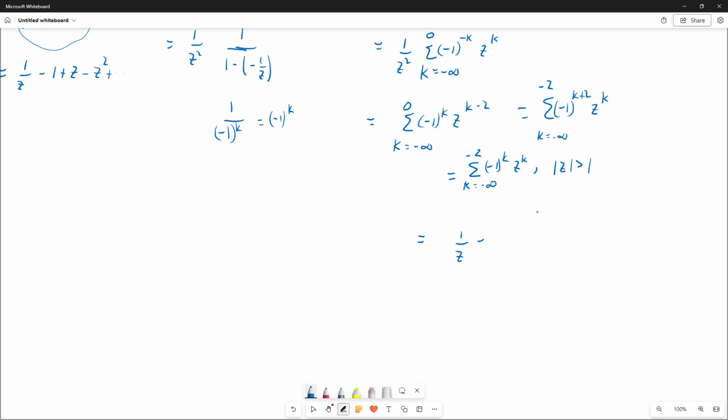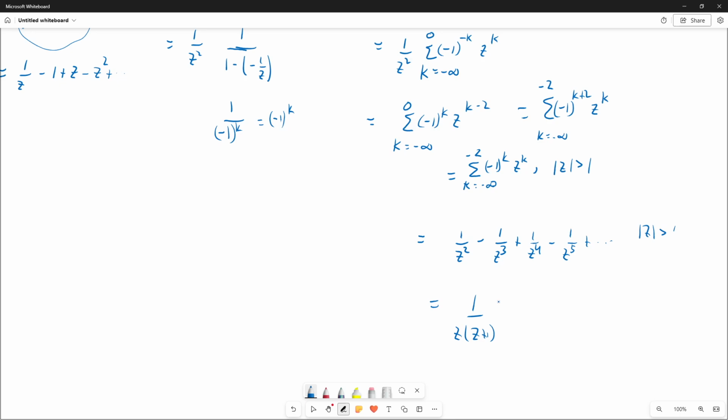K is -3, so this should have been 1 over z squared, and then minus 1 over z cubed plus 1 over z to the 4th, etc. So this is equal to the function 1 over z times z plus 1, and it's valid when the modulus of z is bigger than 1.